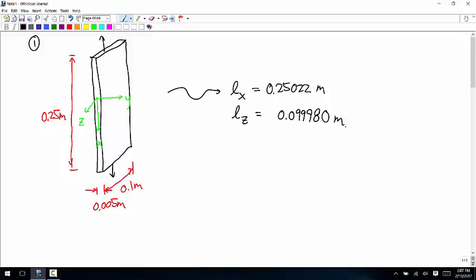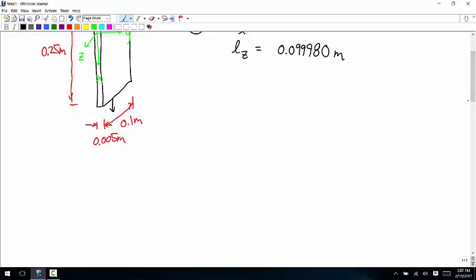And the force applied is 8,000 newtons. And we want to calculate Young's modulus and Poisson's ratio.